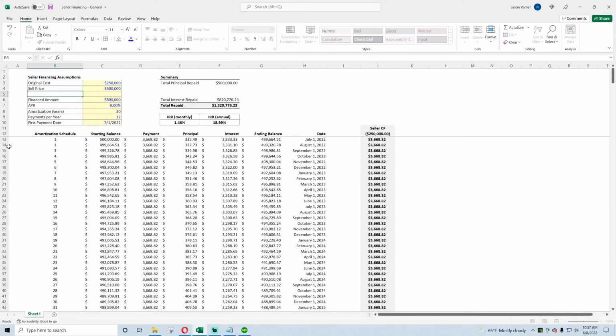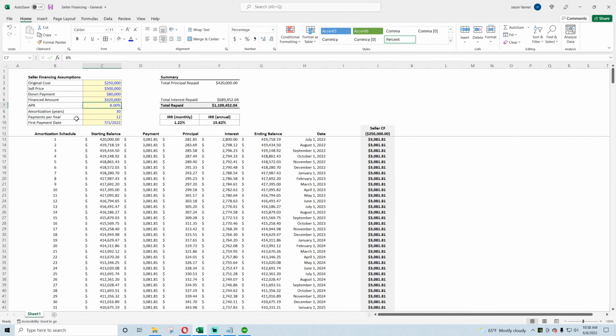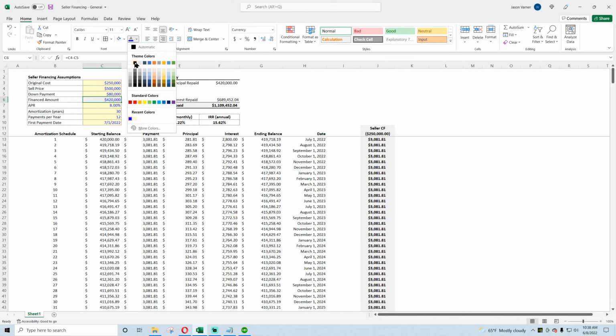And then we're going to have sell price. Let's say it's 500,000. Down payment. What's 20%? 100,000. Let's say it's 80,000. My financed amount is then just going to be this minus this. Okay.